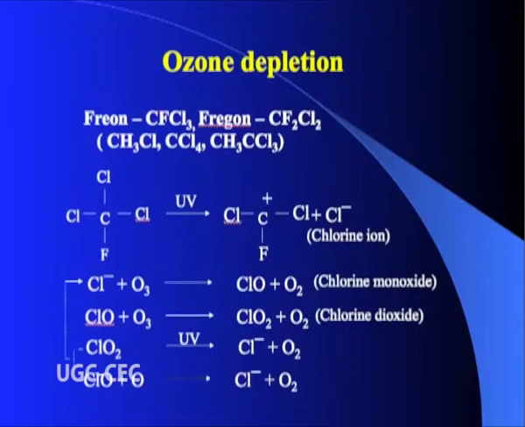In addition, chlorine monoxide can react with monoatomic oxygen to form a chlorine ion and oxygen. Thus, one chlorine ion released in the stratosphere is capable of destroying several ozone molecules and converting them to oxygen.